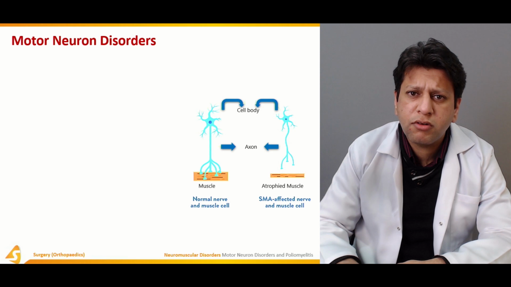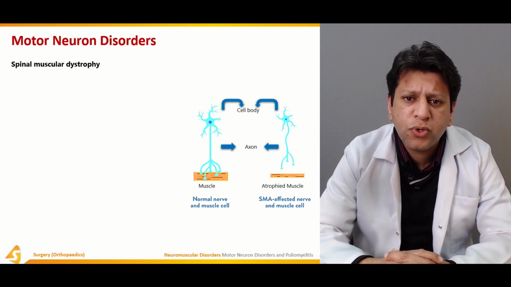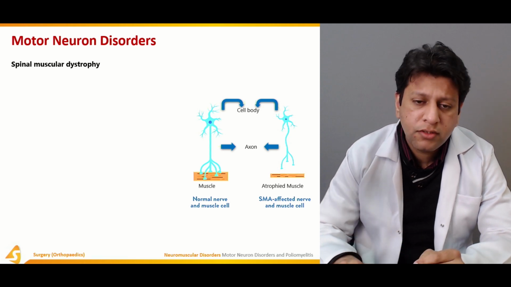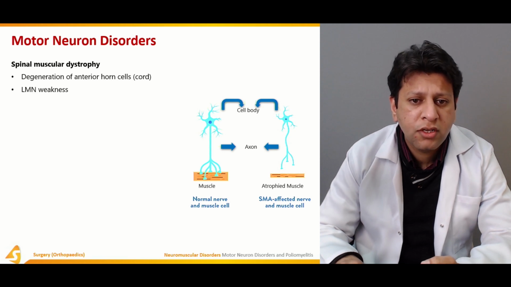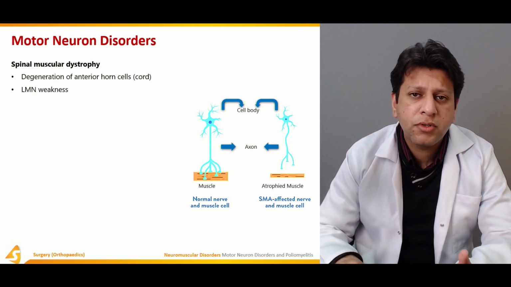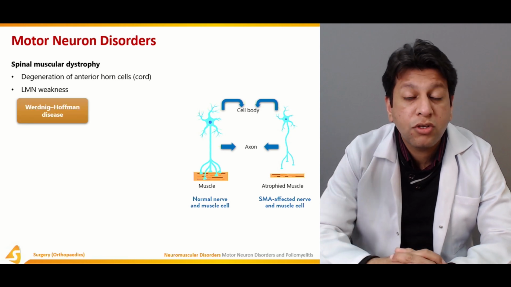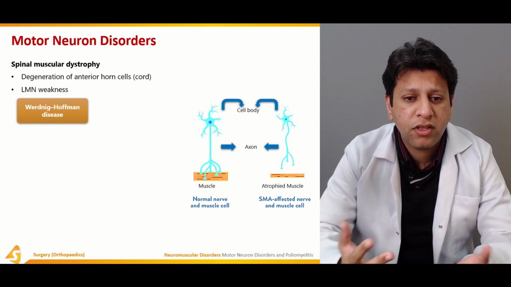So, what is motor neuron disease? One of the types of motor neuron disorders is spinal muscular dystrophy. These include basically the degeneration of anterior horn cells. The classical presentation is lower motor neuron lesions, which usually present with hypotonia, hyperreflexia, and flaccidity.